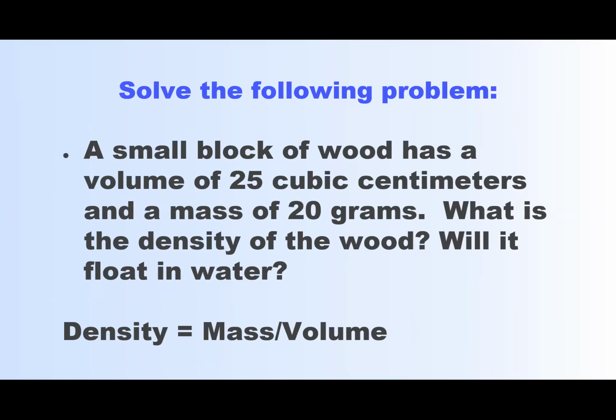A small block of wood has a volume of 25 cubic centimeters, meaning 25 cm cube, and has a mass of 20 grams. What is the density of the wood? Will it float in water? So students, when you see this in the examinations, remember to find density, the formula is mass over volume, or mass divided by volume.